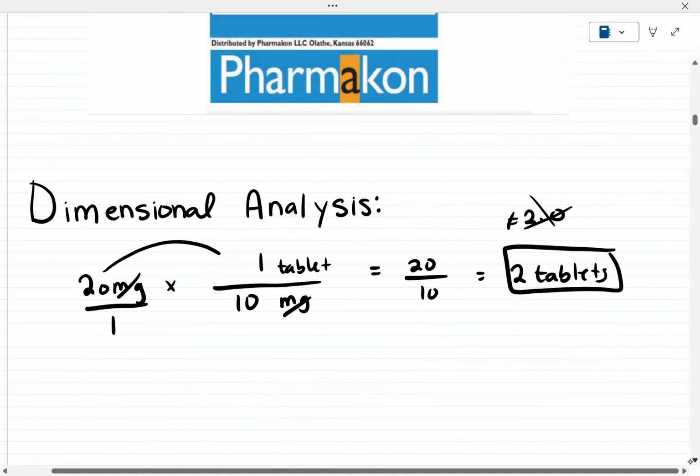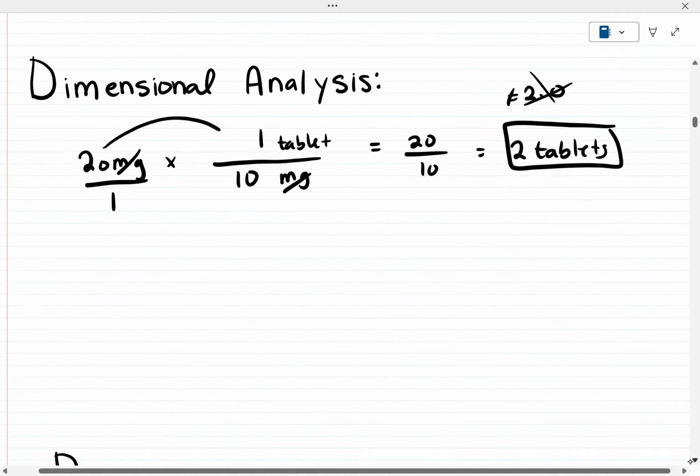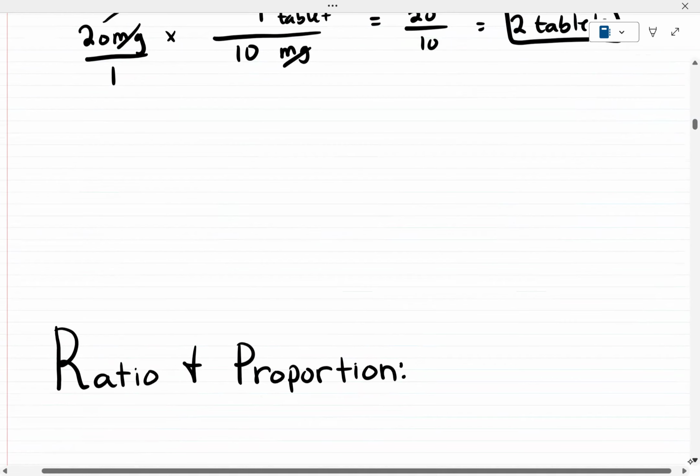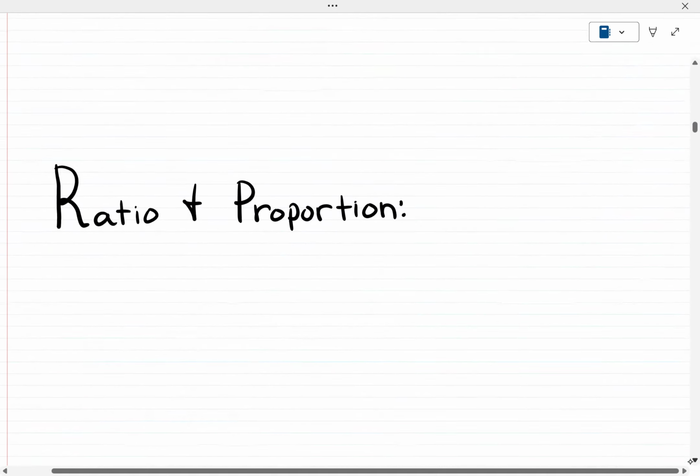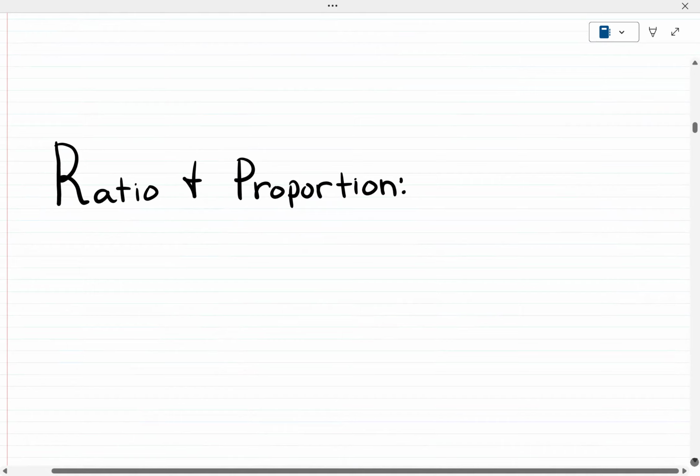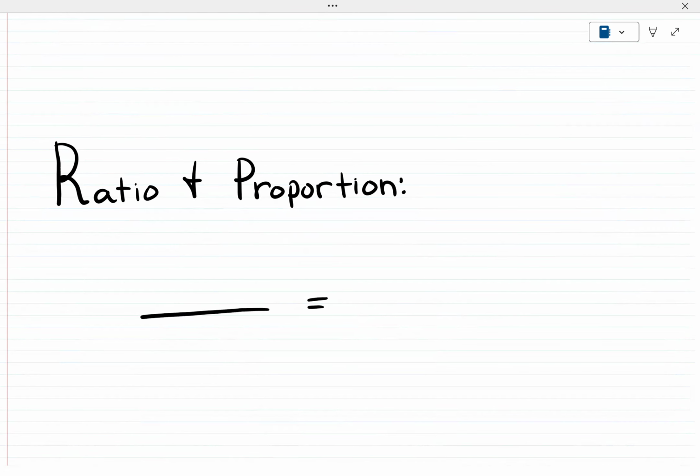Okay. Now let's do the second method, ratio and proportion. This one's not too bad. We do not have to do an extra conversion because everything is in milligrams. So we can set it up immediately like this. You could put milligrams on the top, tablets on the bottom.